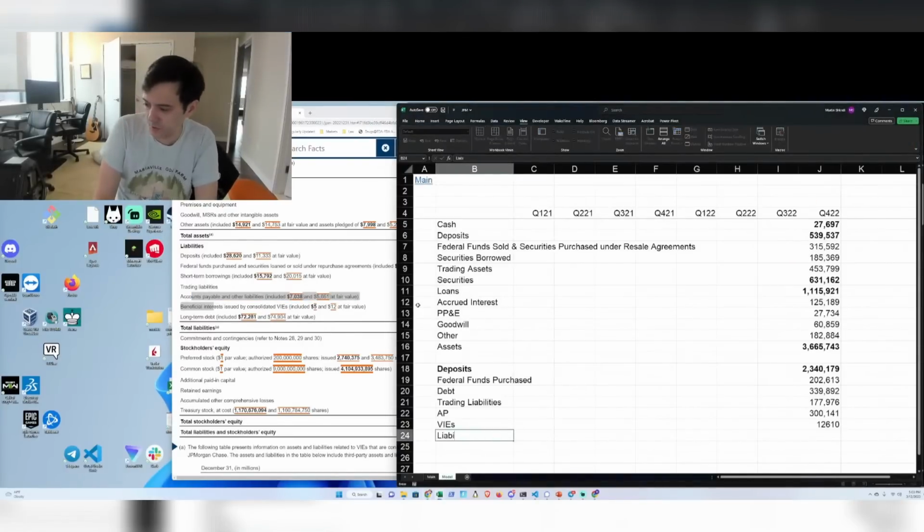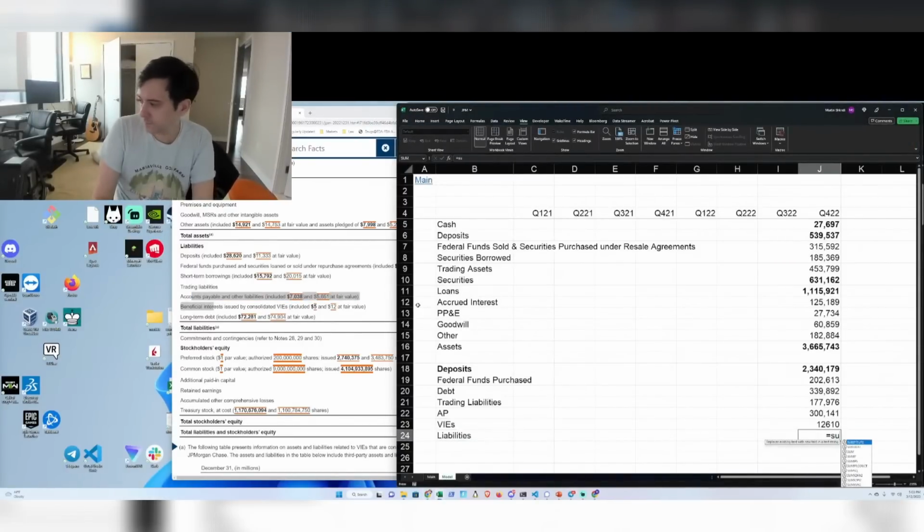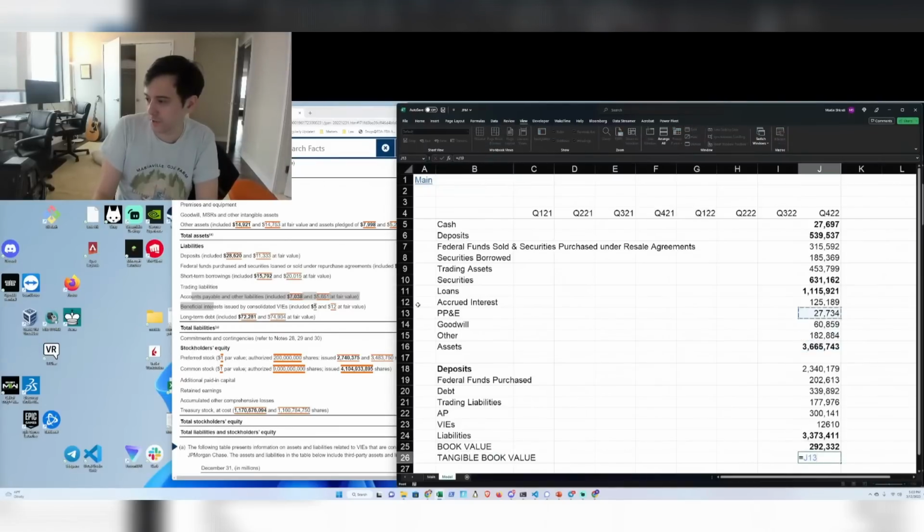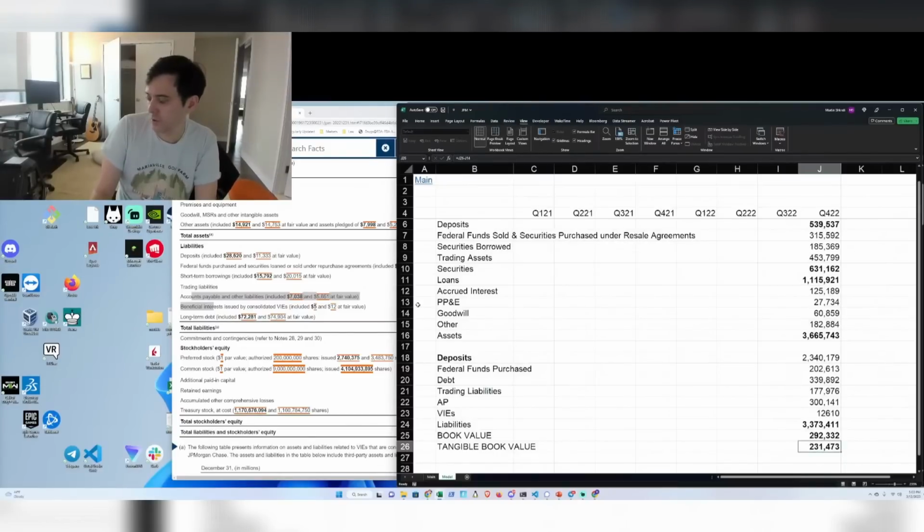We have total liabilities of 3.3 billion. So the book value of JP Morgan is 292 billion. And if we reduce that by goodwill, the tangible book value is 231 billion.